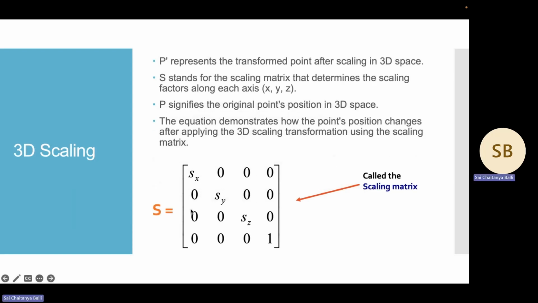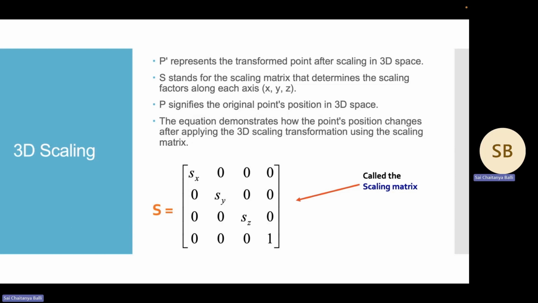Over here I've represented matrix S, the scaling matrix that determines the scaling factors along the x-axis, y-axis, and z-axis, which are defined by sx, sy, and sz. P dash represents the transformed point after scaling in 3D space, and P signifies the original point's position in 3D space.